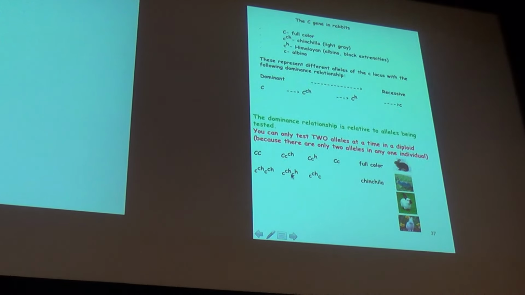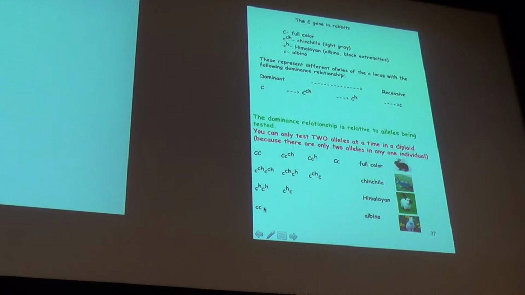If you have a heterozygous rabbit that's chinchilla with the little c, it's going to be chinchilla as well. If you then do Himalayan with Himalayan, it's Himalayan. And if you make a rabbit that's heterozygous Himalayan and little c, it will be Himalayan as well. And the only rabbit that's going to be albino is going to be little c.